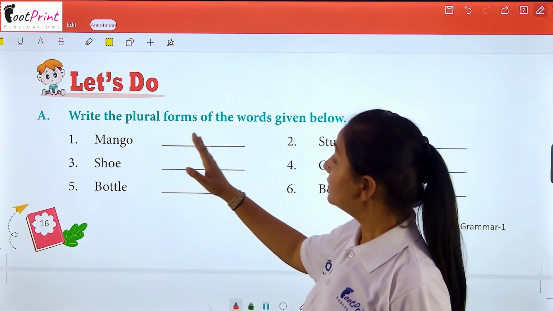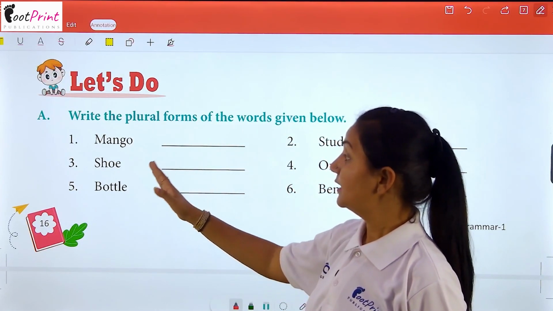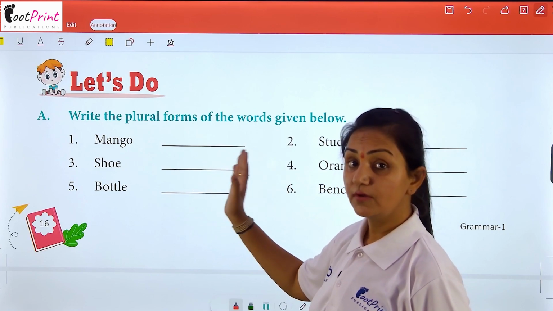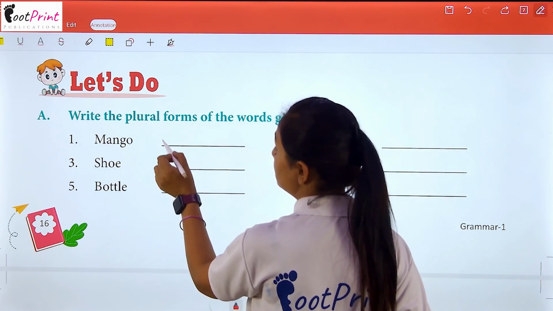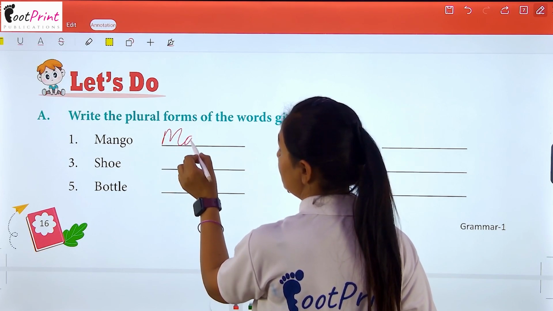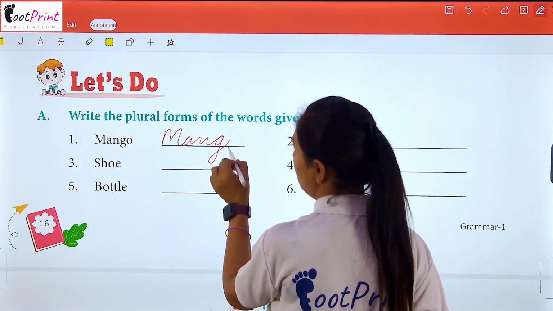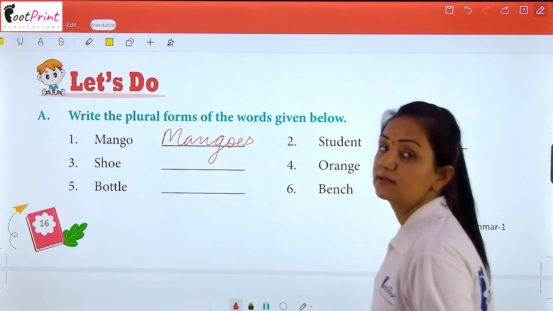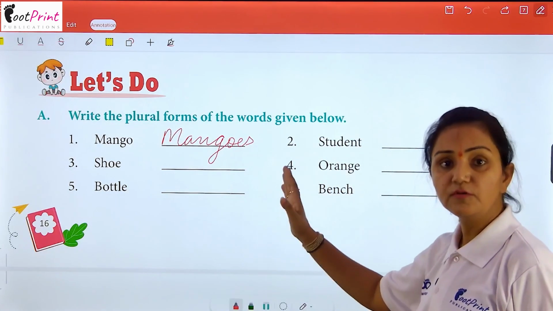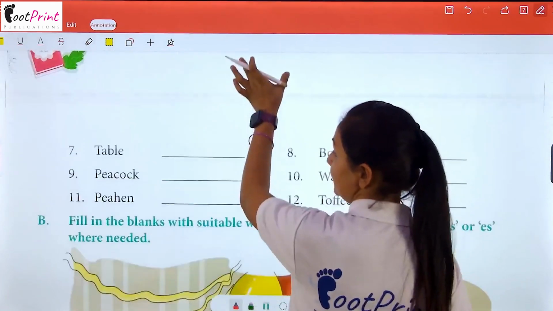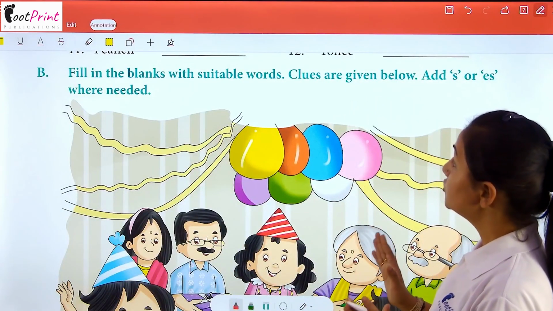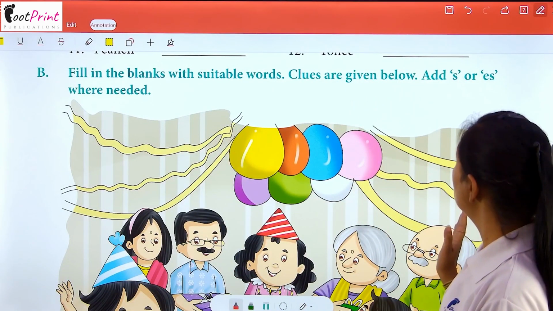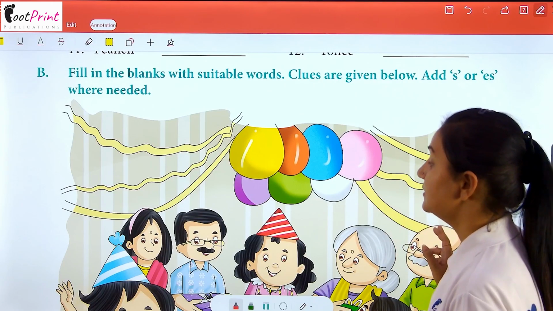First one is, write the plural form of the word given below. Here you have to write the plural form of the word that is given here. First one I am doing for you, that is mango. So you will write here MANGOES. Okay, this is the plural form, mangoes. Next, fill in the blanks with suitable words. Clues are given below. Add S or ES where needed.